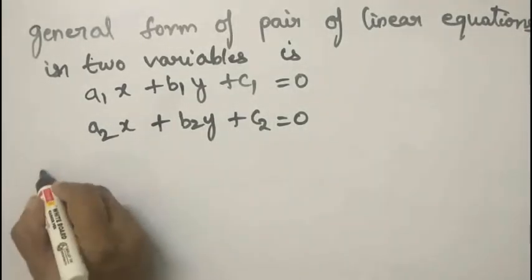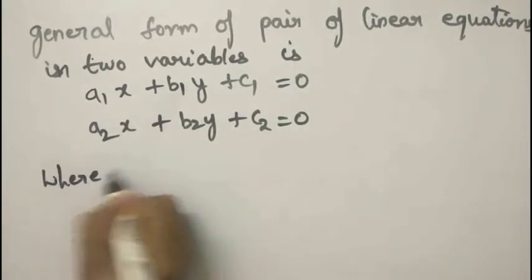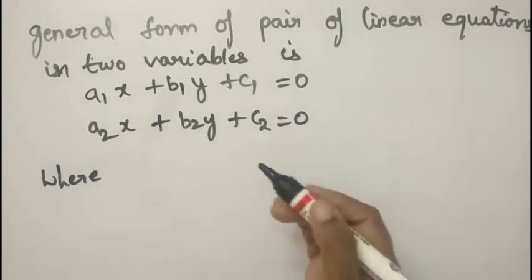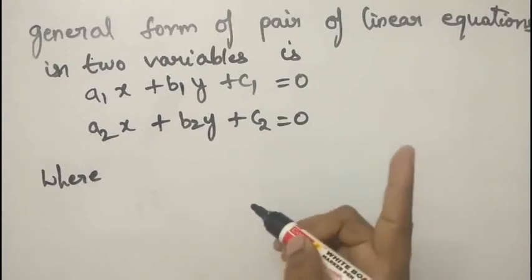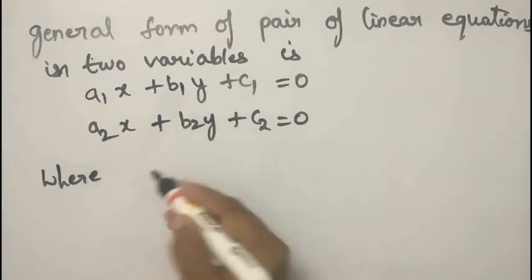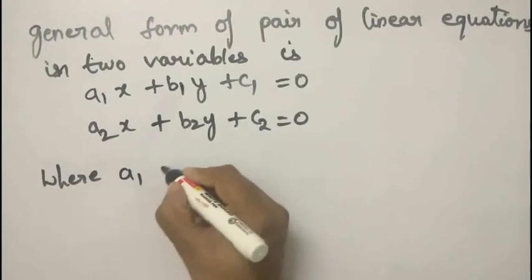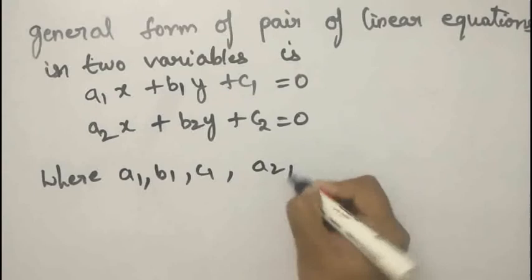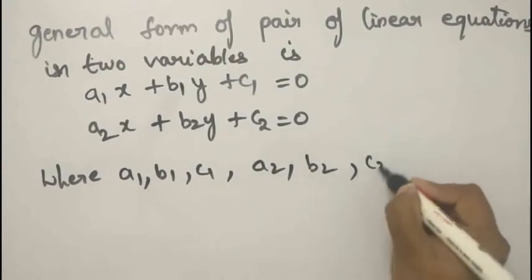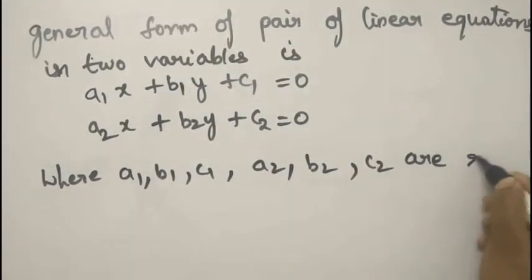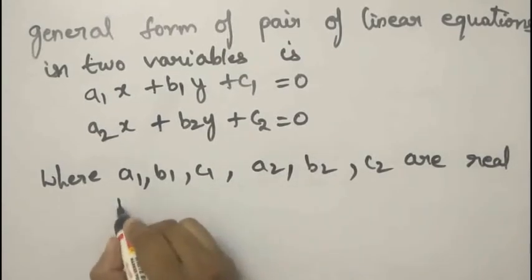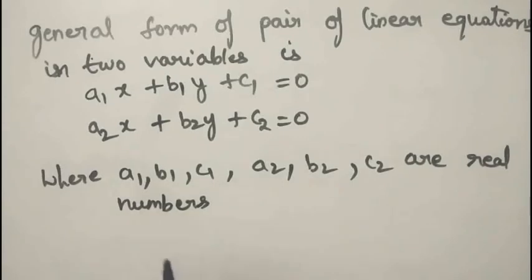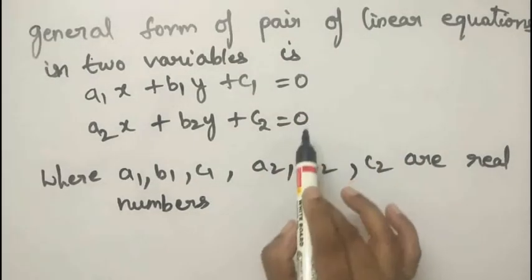The condition is the same as we wrote in the case of one linear equation in two variables; the similar condition you have to write here. Here a1, b1, c1, a2, b2, c2 are real numbers. And one more condition: this is one line and this is another line.